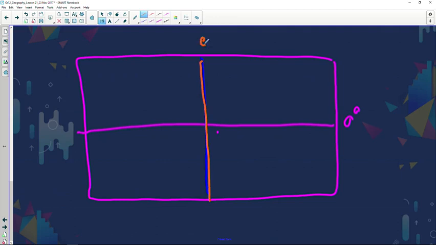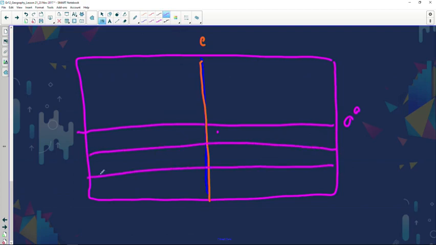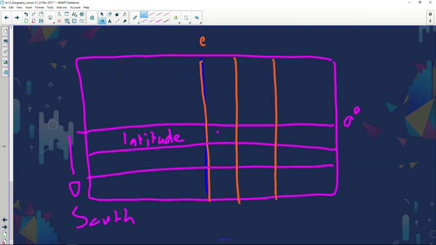Your lines of latitude are the horizontal lines, moving north and south. Your lines of longitude are the vertical lines, moving west or east.